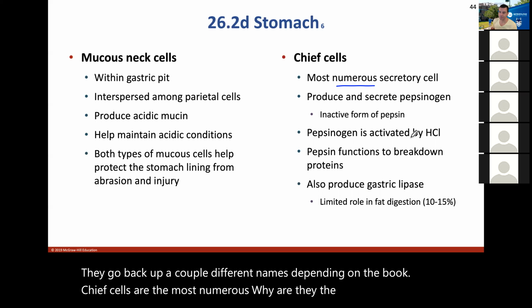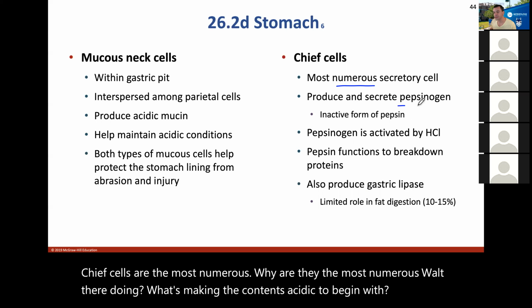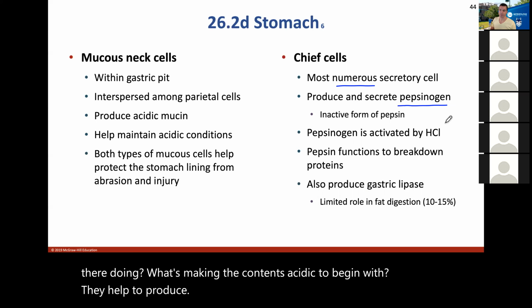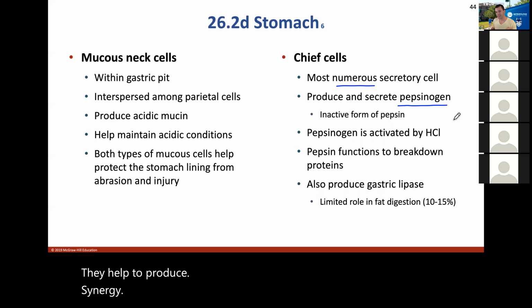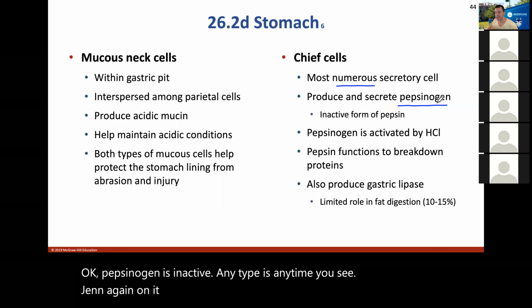Well, they're doing what's making the contents acidic to begin with. They help to produce pepsinogen. Pepsinogen is inactive. Anytime you see an OGEN on it, it usually means it's in the inactive form.